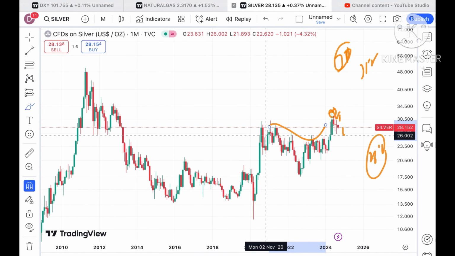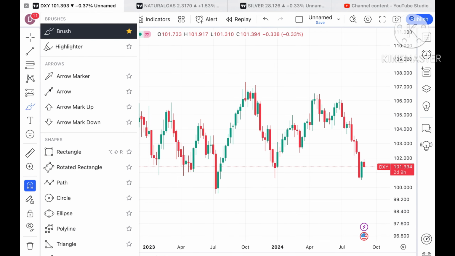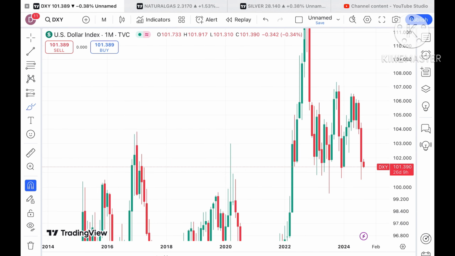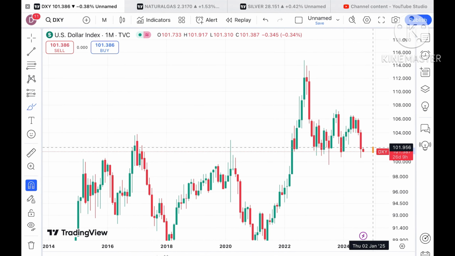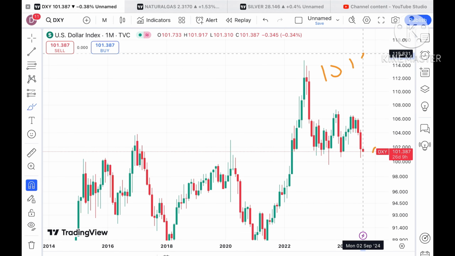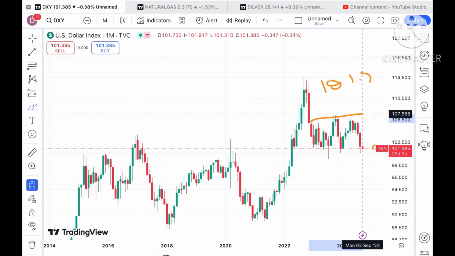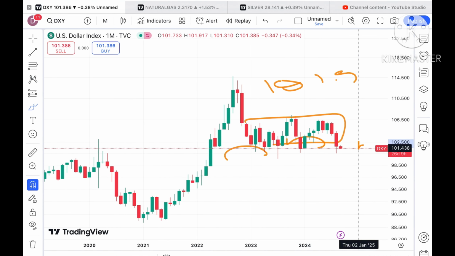If you look at the dollar index, it was trying to go upside. As we have seen in the last week, it is going higher, but if you go to a month's chart, you will see that after making a high around $101.9, it is trying to go down. If you look at this particular trend, this is the zone and this inverted U pattern is forming.